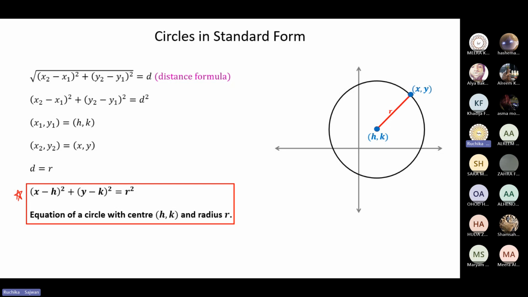I'll give you 2 minutes to copy this before we go to the question. One of you can take a screenshot and put it in the chat. When I put a star, you know it's going to be important and coming for your exams.